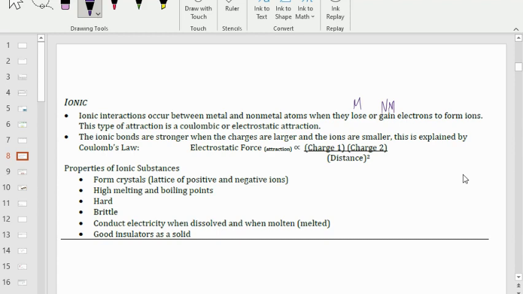So you've got a positive and a negative being attracted to one another. The further the distance is away, the less that charge is. They're going to form crystals. What that means is ionic substances at room temperature are all solids.